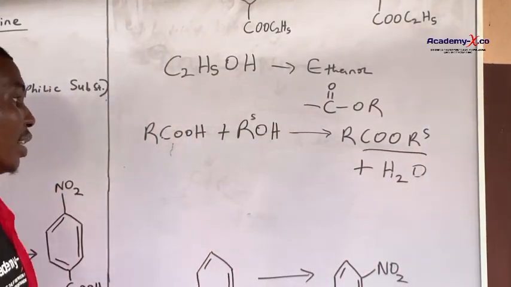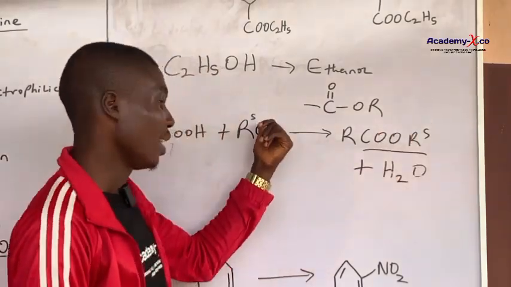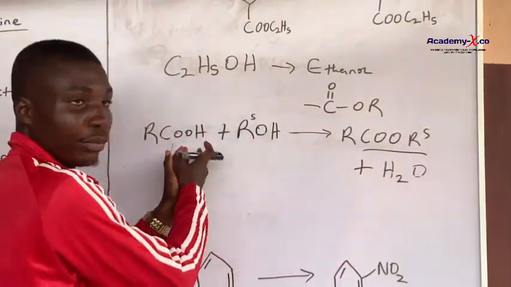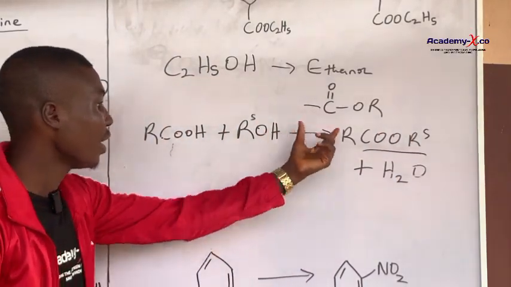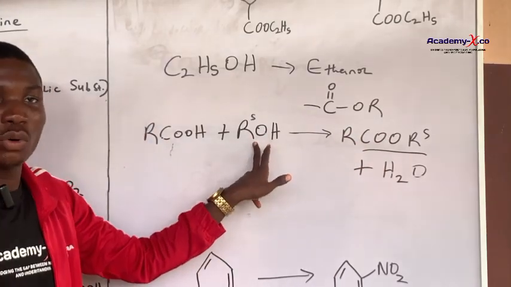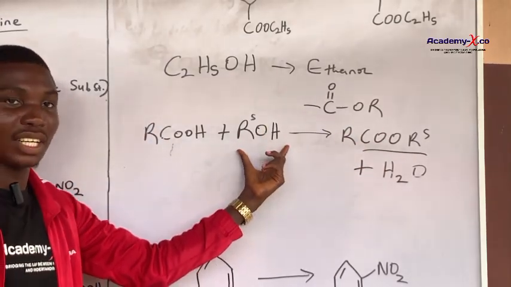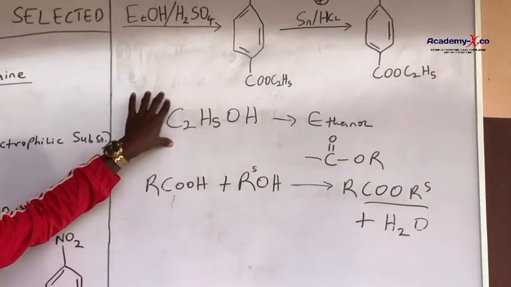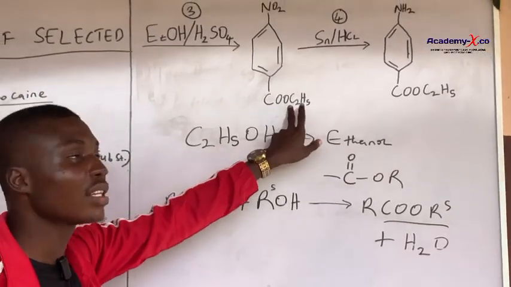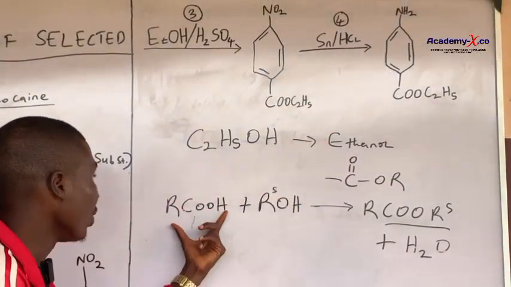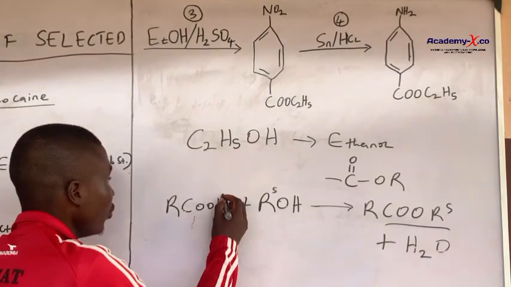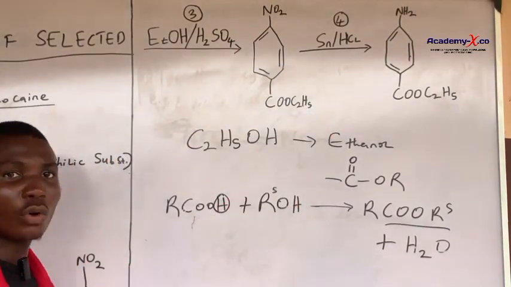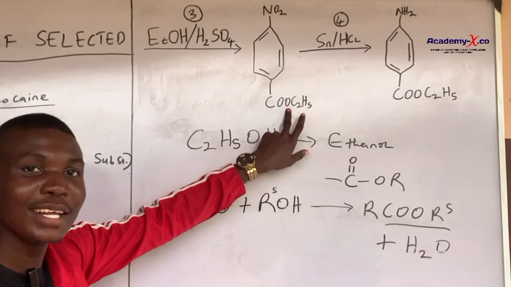The reason I added Rs is just to differentiate it from the R. So the Rs is coming from the ethanol, or the alcohol we have in that situation. In this case, our Rs will now be the C2H5. So this C2H5 replaces the hydrogen we have on the carboxylic acid, which is this hydrogen here, and automatically we have this. So this is an ethyl ester.